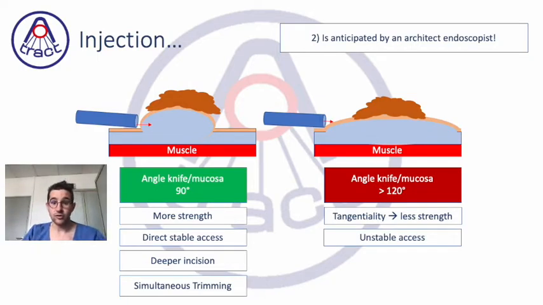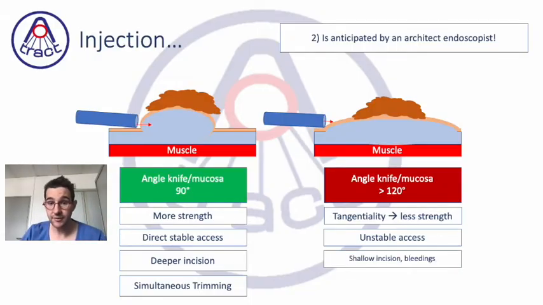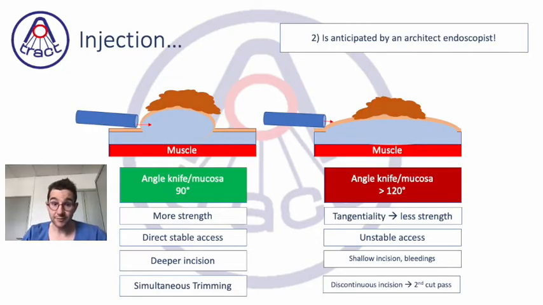So your access is unstable, your incision is shallow, and the problem is that when you are shallow, you have a lot of small vessels that can bleed, and sometimes your incision is not performed continuously but discontinuously, and therefore you have to renew this incision by doing a complete incision, by passing a second time on the same area.